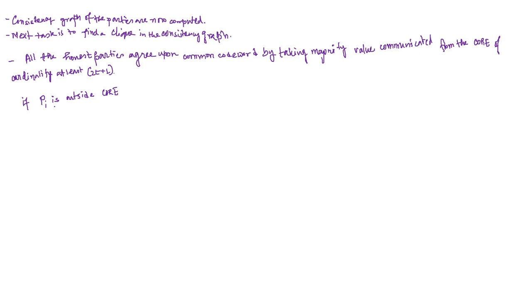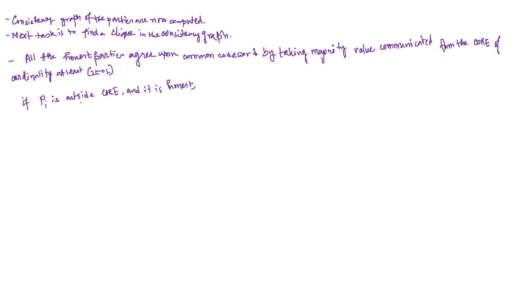So if pi is outside the core and it is honest, then it does the following. If it is not honest, we cannot determine its behavior, so we are just focusing on honest parties.